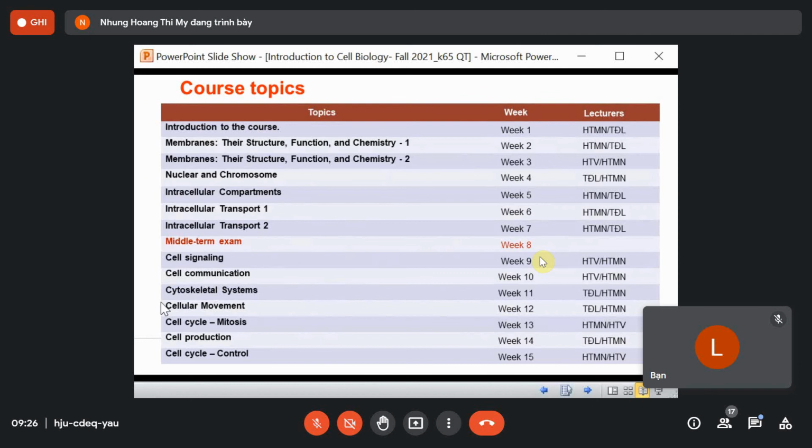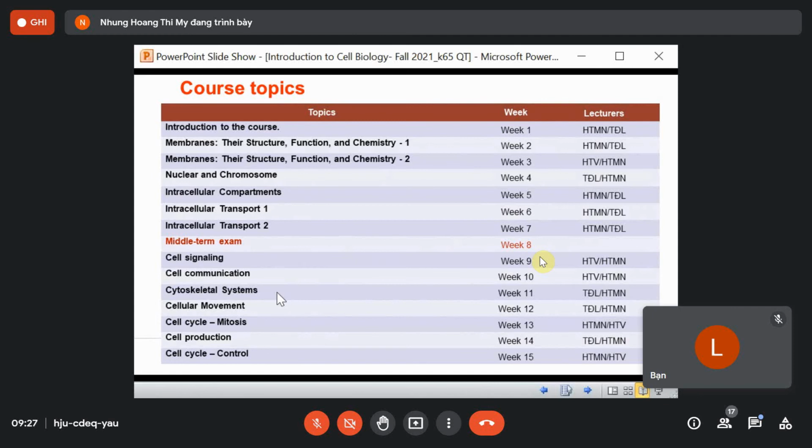The next part is about the cytoskeleton system. The cytoskeleton involves three main types of filament protein inside the cell: microtubules, made up from tubulin, actin filaments, and intermediate filaments.